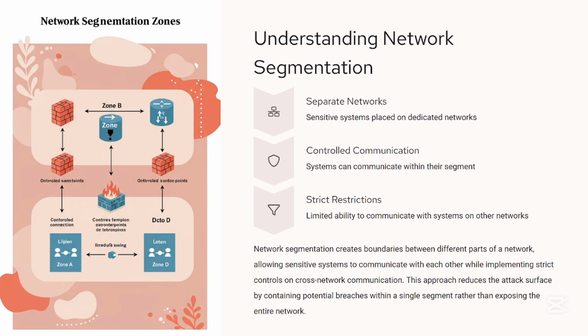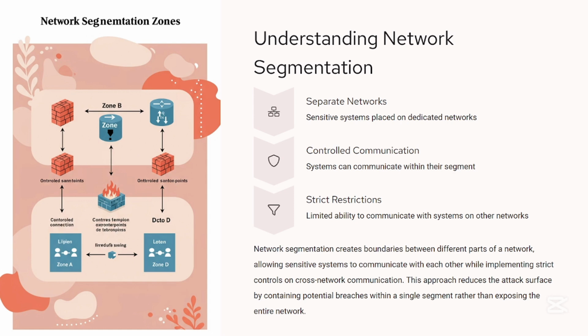So what segmentation does, first of all, is put our sensitive systems on a separate network, with controlled communication within the segments they are located in, and strict restrictions on inter-segment communication. Communication from one segment to another is highly restricted and monitored.